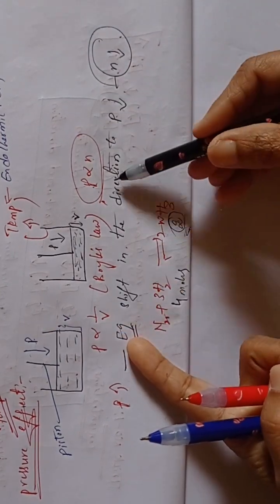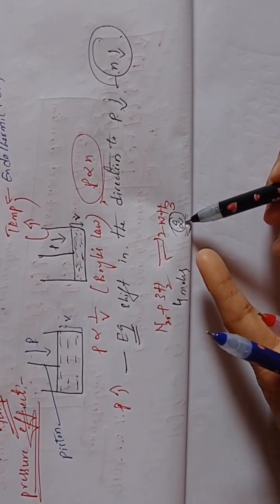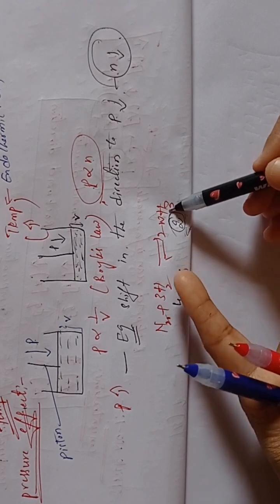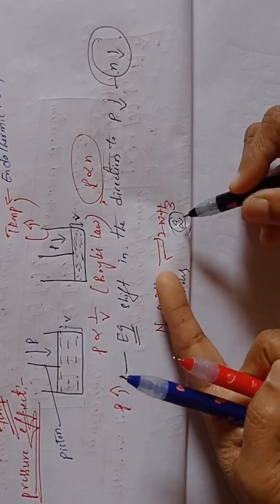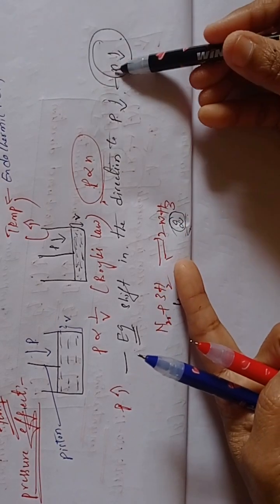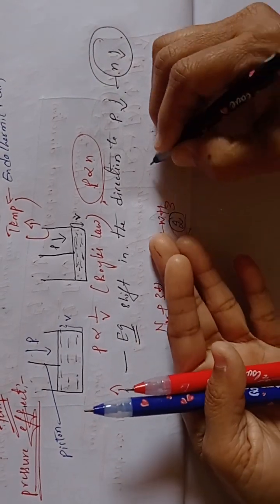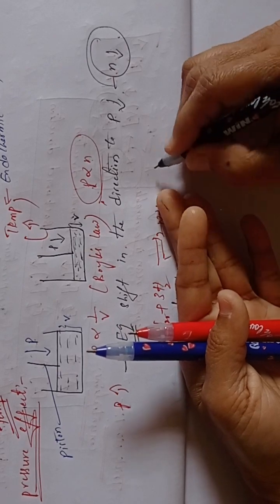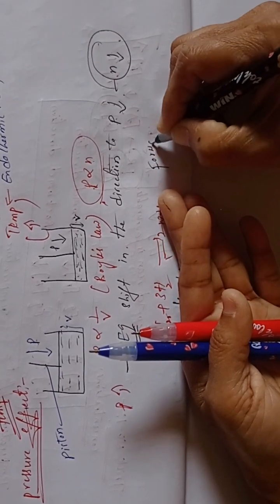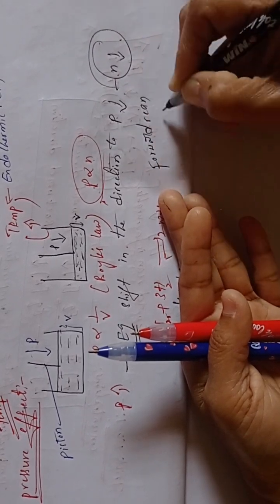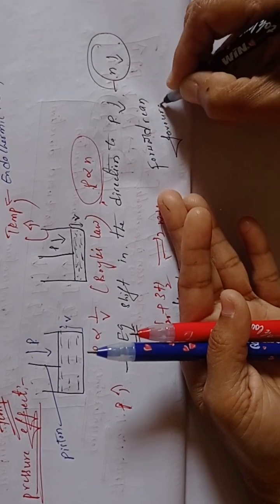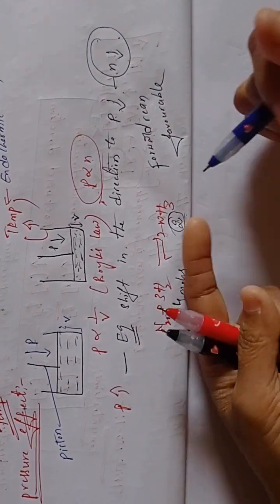That means the equilibrium shifts in which direction, students? Forward direction. So 2 moles of ammonia is formed in the forward direction. So the equilibrium shifts toward the side with fewer moles. That means which reaction is favorable? Forward reaction is favorable.